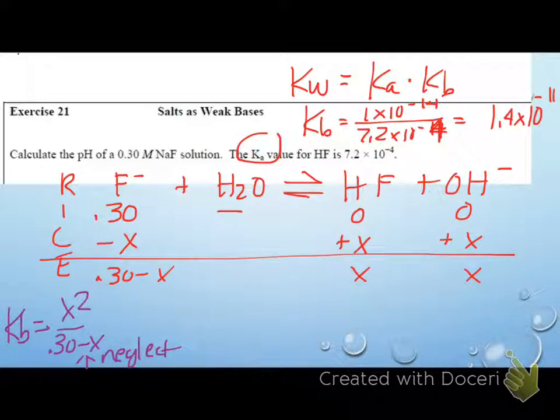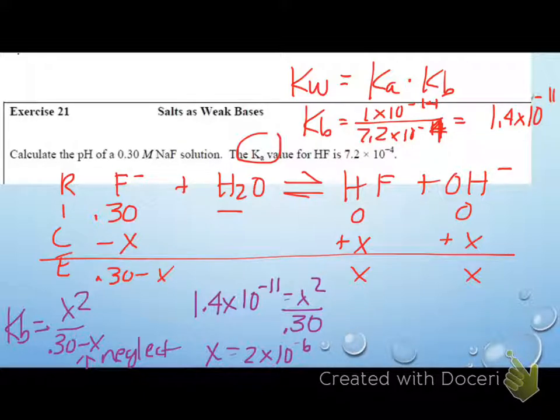Okay, so now we put all of that in there. It's x squared over 0.3, and do the algebra. And x is going to be equal to 2 times 10 to the negative 6.